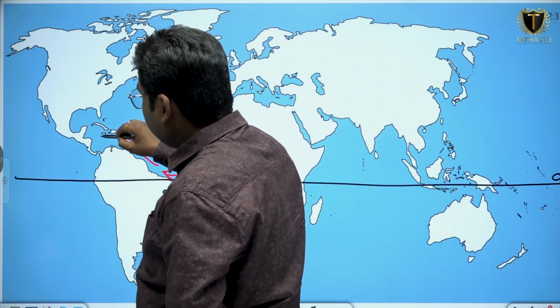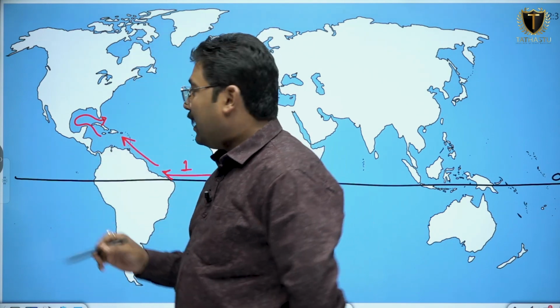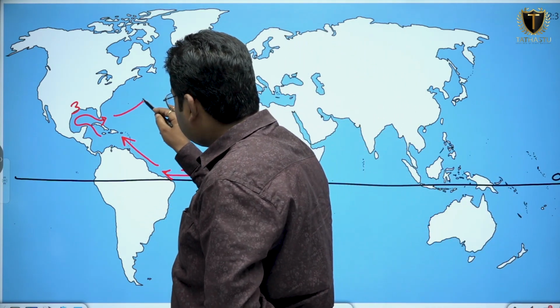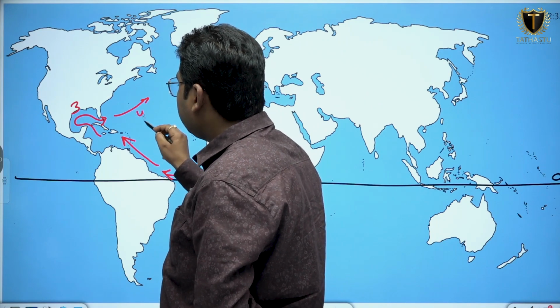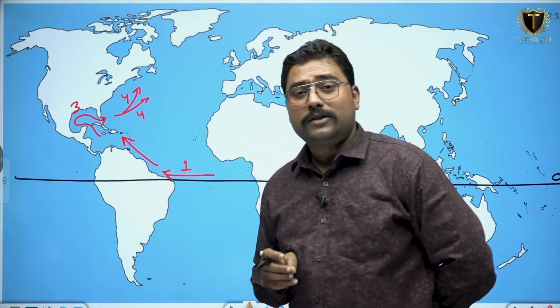After that, it enters into Gulf of Mexico near the coast of Florida, and it is considered as Florida current, and from Gulf of Mexico it comes out, and under the influence of westerlies it moves out by the name Gulf Stream, which is considered as the fastest current also and the warmest.